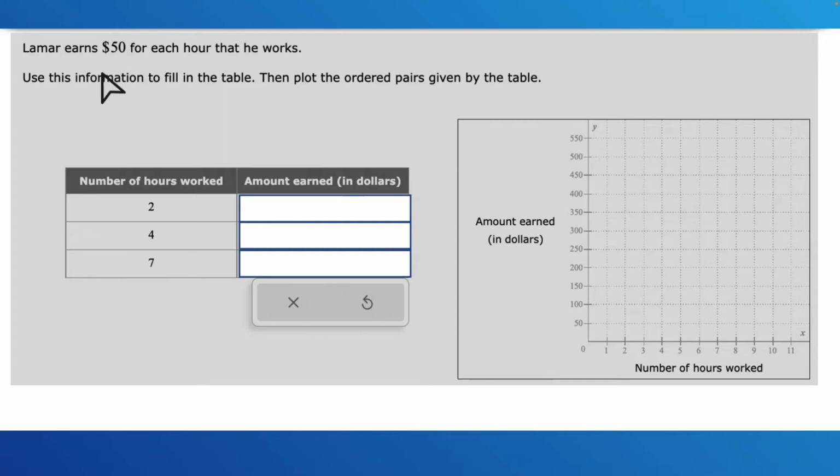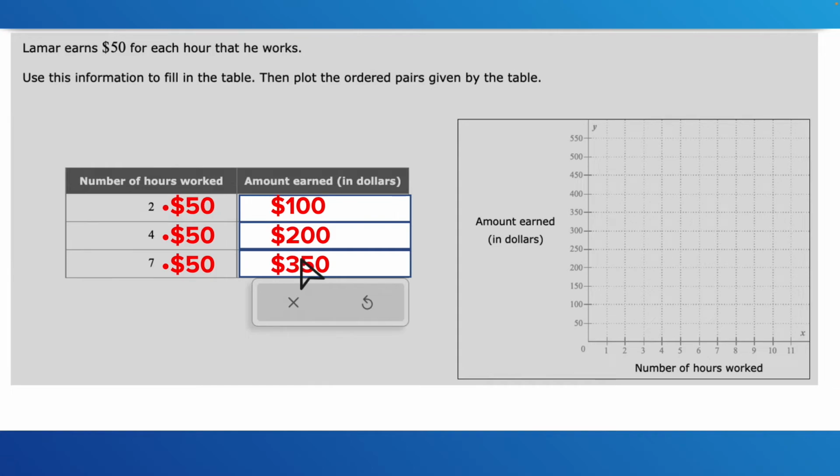So we're going to fill out the table and plot the ordered pairs again. We have 2 hours of work, $50 for each of those hours, so he gets $100. If he works 4 hours, times $50 for each hour, he gets $200. If he works 7 hours at $50 an hour, then he gets $350.